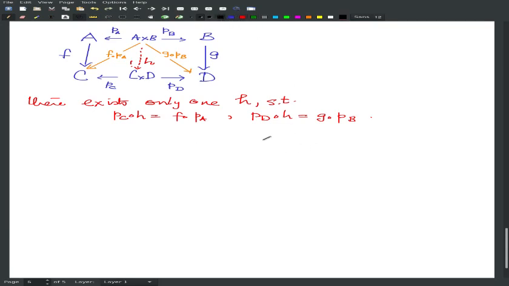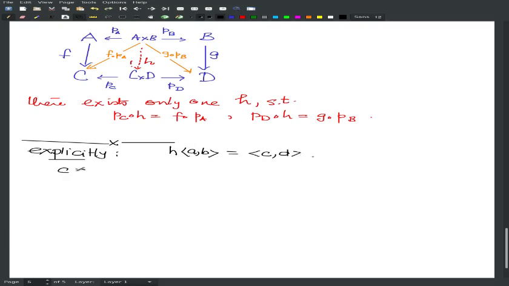It is enough to have this property-wise, but now we can do it explicitly in terms of elements. So let's see. Suppose H of something, say AB, is equal to CD.